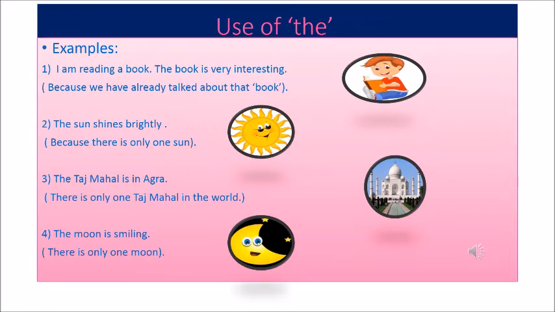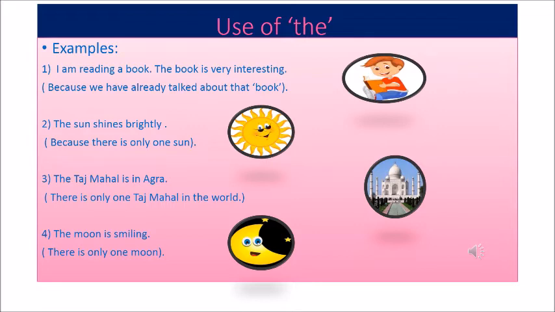The sun shines brightly, because there is only one sun. Do we have 3, 4, 5 suns? Do we see 3, 4, 5 suns, children? No, we see only one beautiful sun shining brightly in the sky. So because there is only one sun, and it is a special sun, we will say the sun.